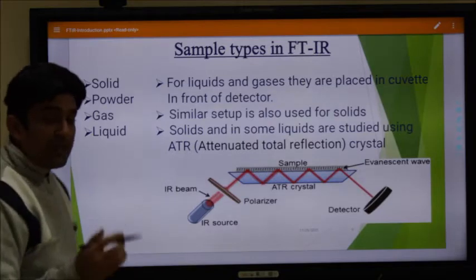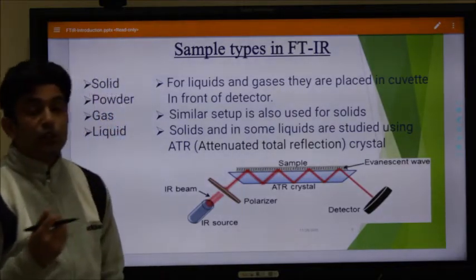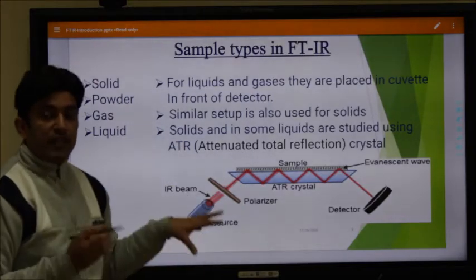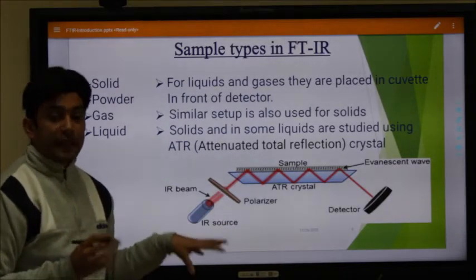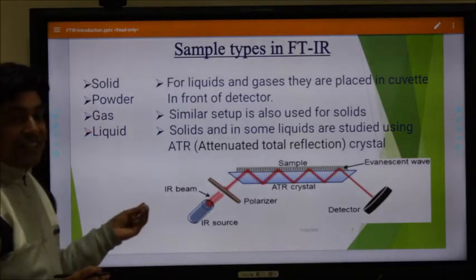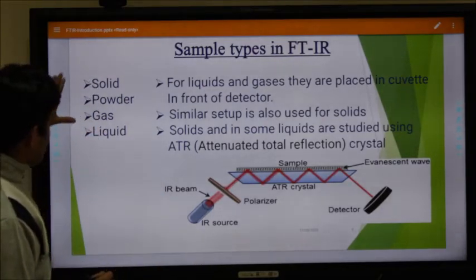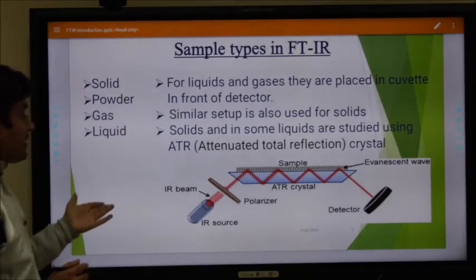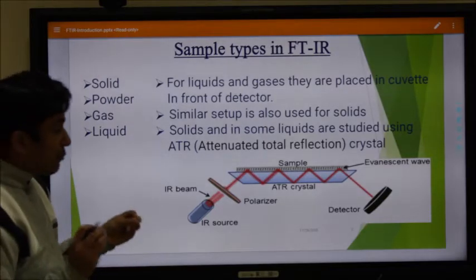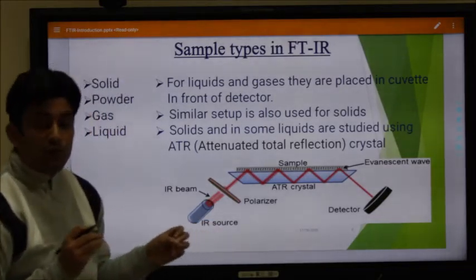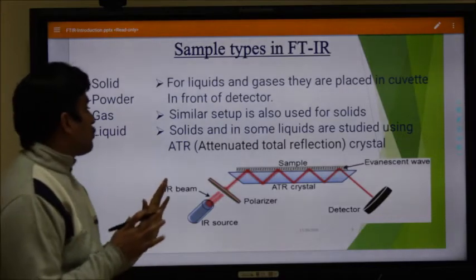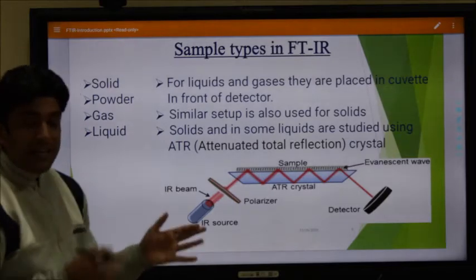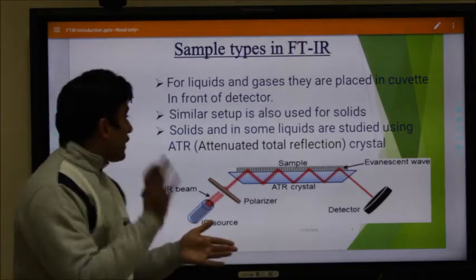Now we should know what types of samples are analyzed with the help of this Fourier transformed infrared spectroscopic technique. All types of samples, whether solid, powder, gas, or liquid, can be studied with it.